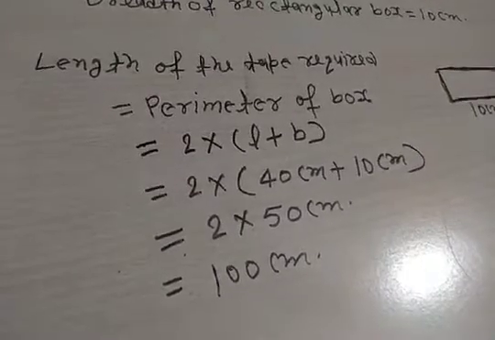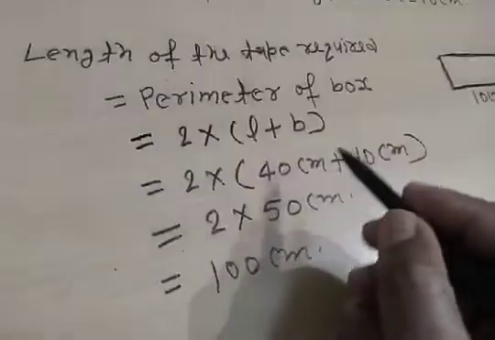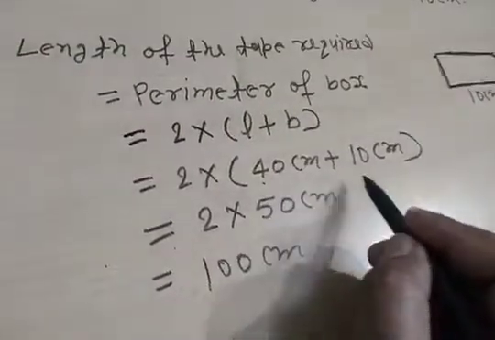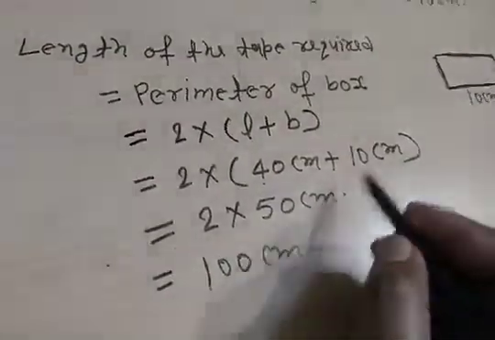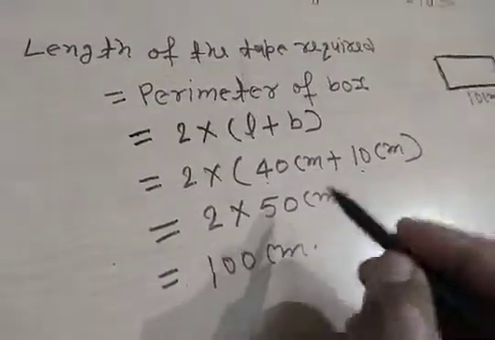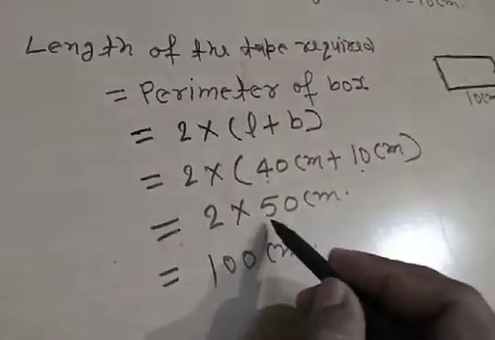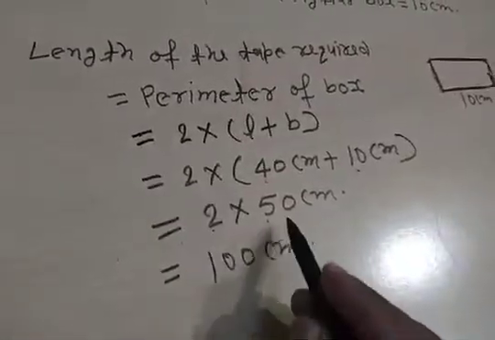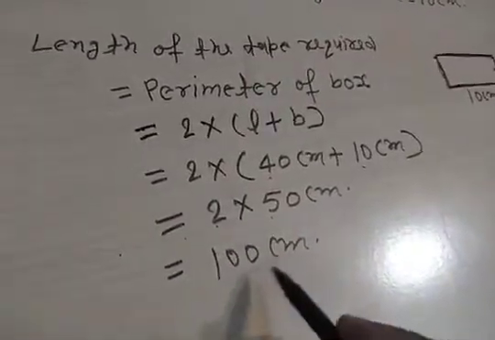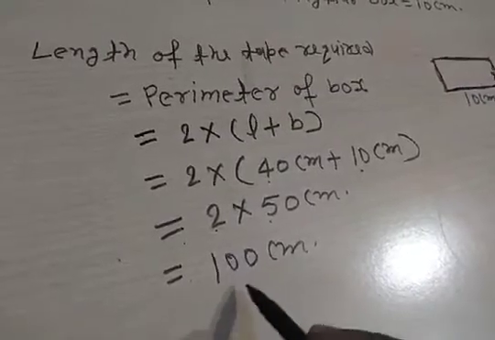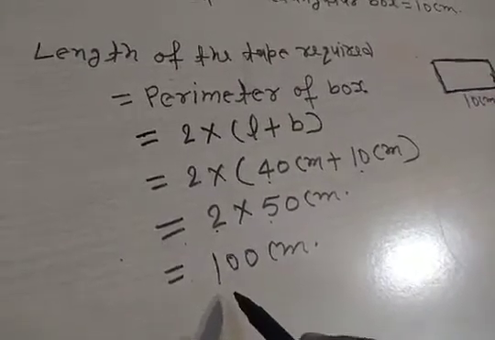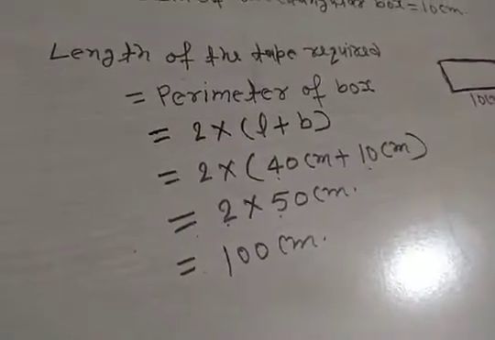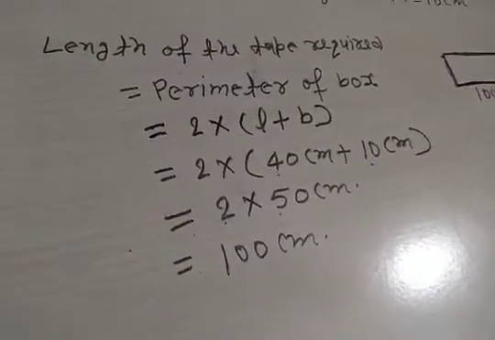Perimeter is equal to 2 into (L plus B). Length is 40 centimeters and breadth is 10 centimeters. So 40 plus 10, 50 centimeters, into 2, is 100 centimeters. This is our length of the tape, 100 centimeters. Clear? Now let's see question number 3.